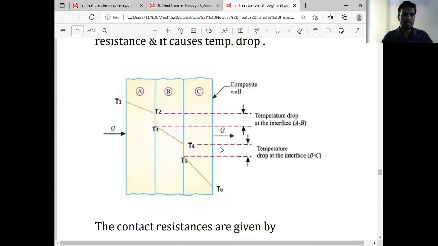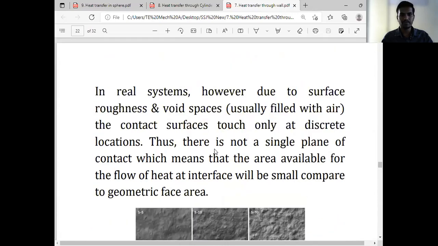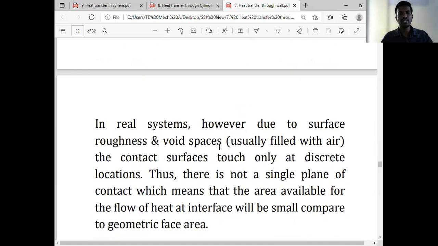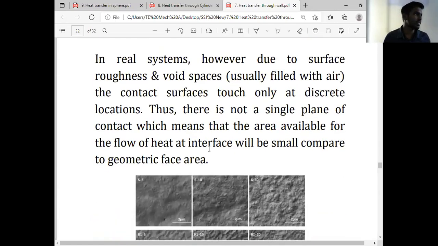ओके, डायग्राम ड्रॉ करून घ्या. थर्मल कॉन्टॅक्ट रेजिस्टन्स दिले हे लिहा डायरेक्ट.